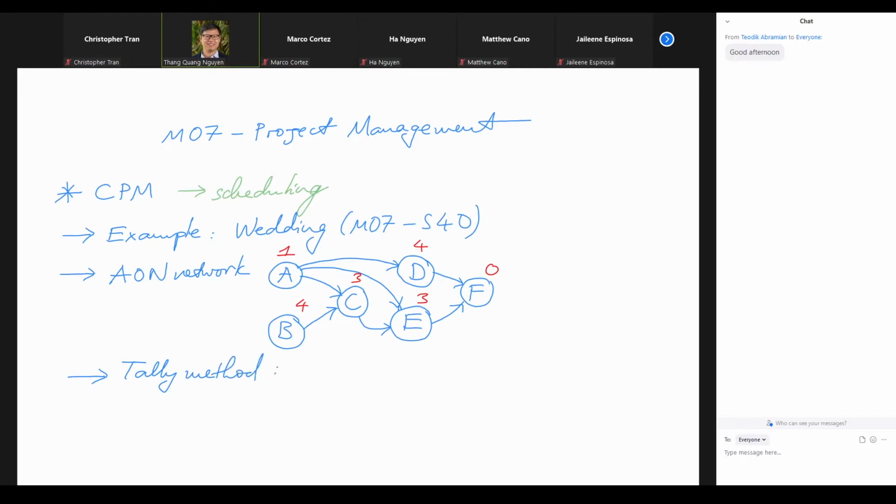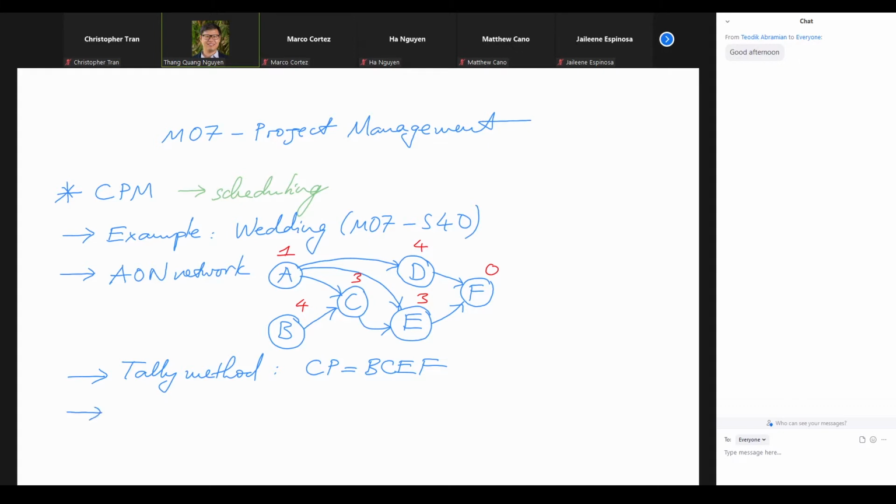Using that method, we list out all the pathways, and then we find the longest to be the critical path, right? And the critical path that we found last time is BCEF. It is the longest pathway, so that we have enough time to squeeze all of the activities in that time window to complete the entire project. So that's the definition method.